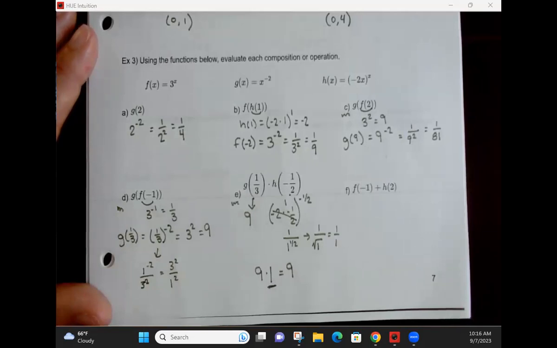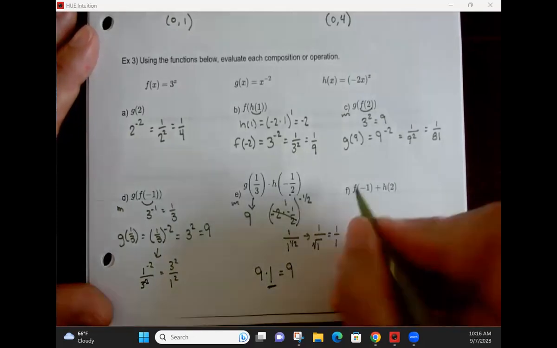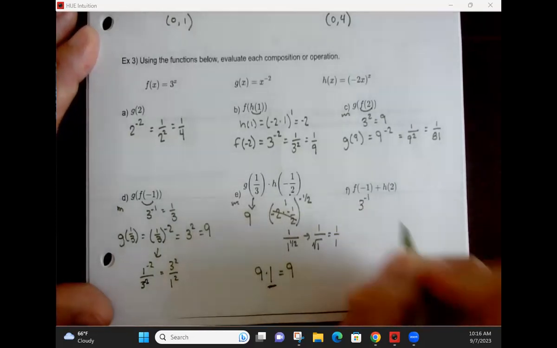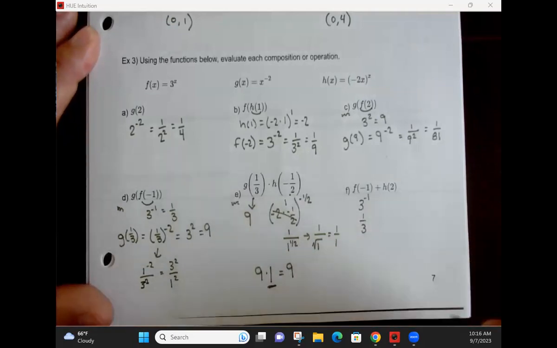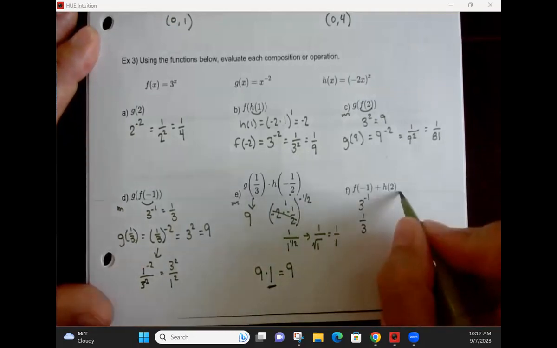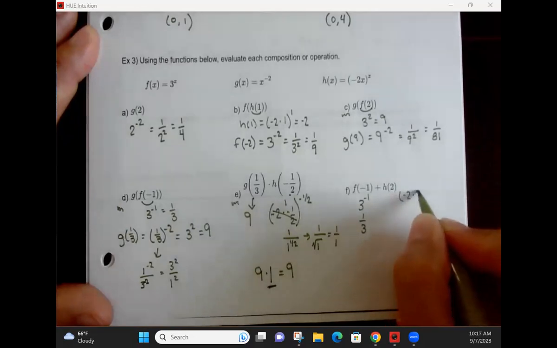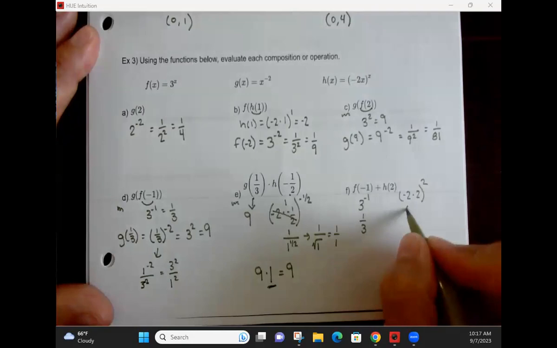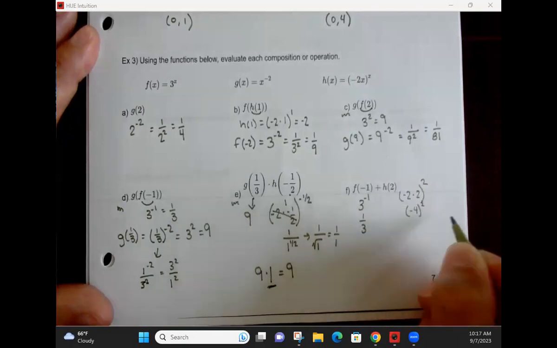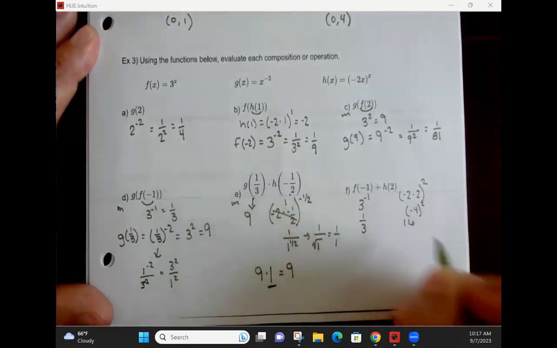Last one, F. f of -1. So this would be 3 to the negative first, which is 1/3. And then we're going to add h of 2. So h of 2 would be negative 2 times 2 to the second power. So that's negative 4 squared, which is 16.